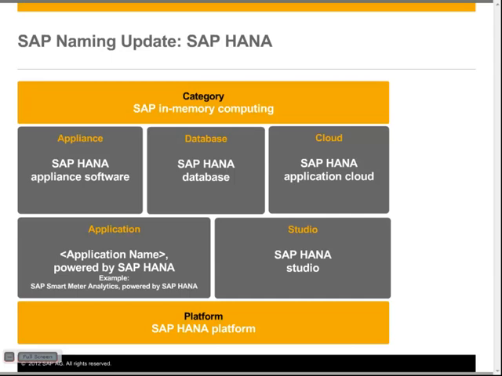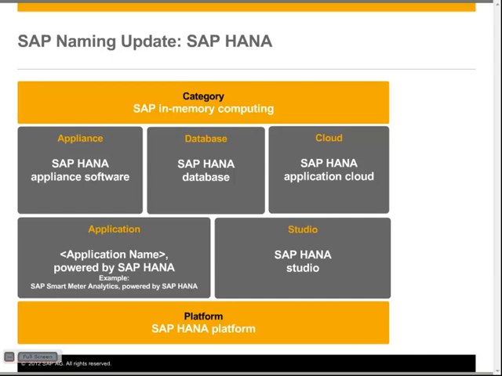Let's look at the naming in and around HANA. SAP HANA Appliance Software is a hardware and software combination that integrates a number of SAP components, including the SAP HANA database, SAP LT, which stands for Landscape Transformation, the replication server, SAP HANA Direct Extractor Connection, as in DXC, and Sybase Replication Technology.